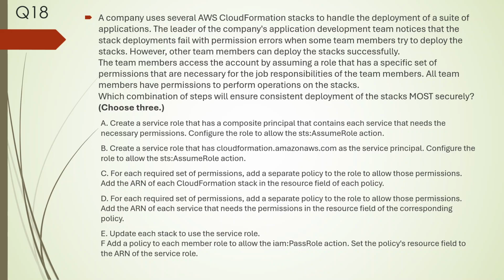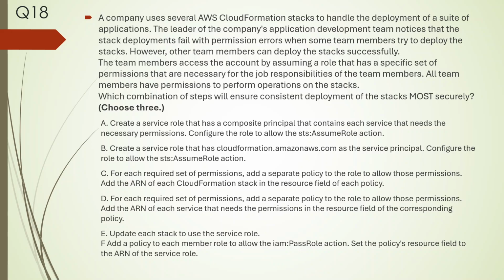Configure the role to allow the Amazon AssumeRole action. C, for each required set of permissions, add a separate policy to the role to allow those permissions at the ARN of each CloudFormation stack in the resource field of each policy. D, for each required set of permissions, add a separate policy to the role. Allow those permissions at the ARN of each service that needs permission in the resource field of the corresponding policy. E, update each stack to use the service role.